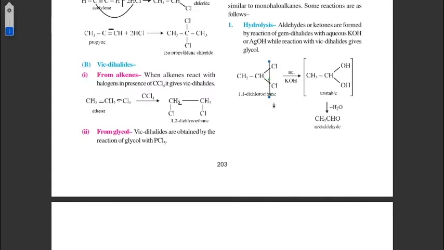These two chlorine atoms combine with potassium, thereby forming KCl, and two OH groups are attached to this carbon atom. Okay. This compound is highly unstable as two OH groups are attached to the same carbon atom. So by the removal of water molecule, then a double bond appears in between this carbon and oxygen, and hence aldehyde is produced.